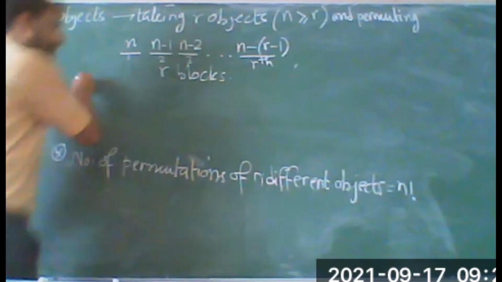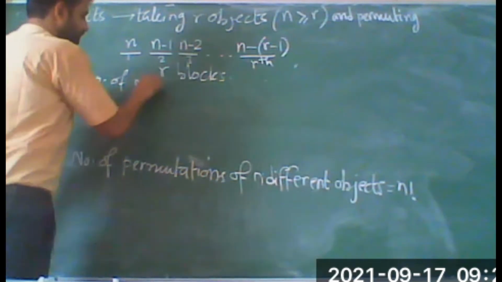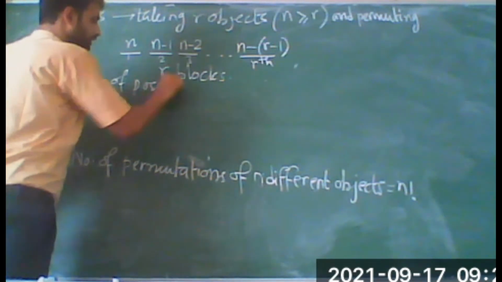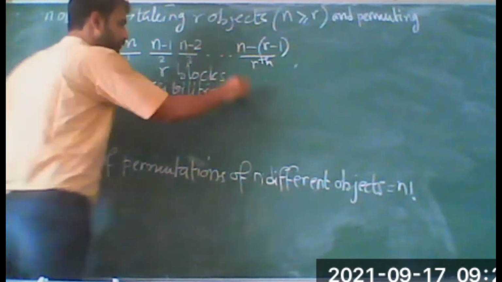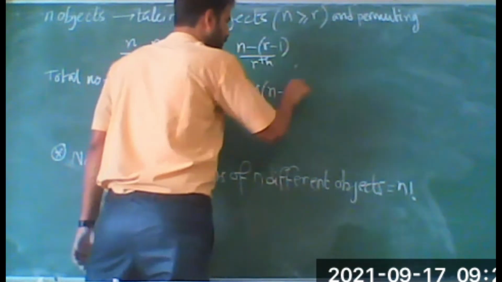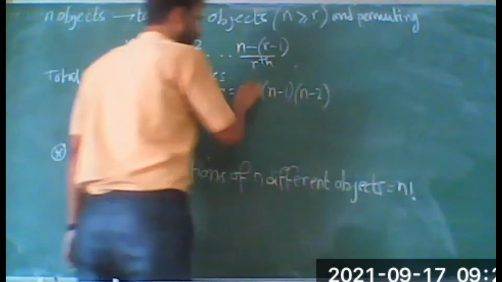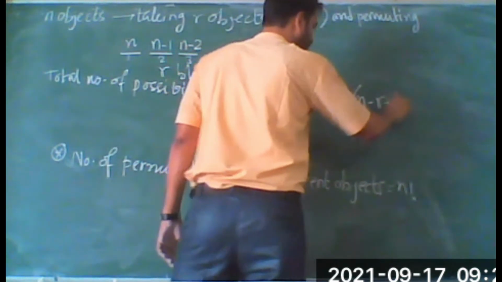So you can say that the total number of possibilities should be N into (N minus 1) into (N minus 2), and in this way it will continue up to N minus R plus 1.